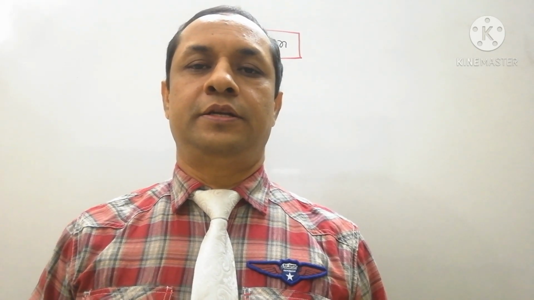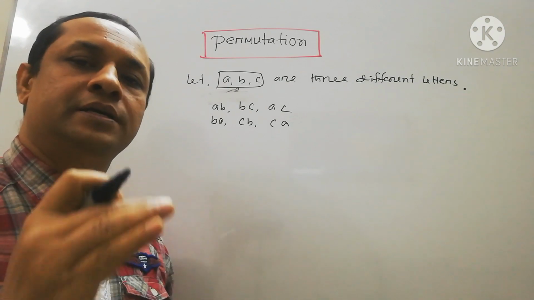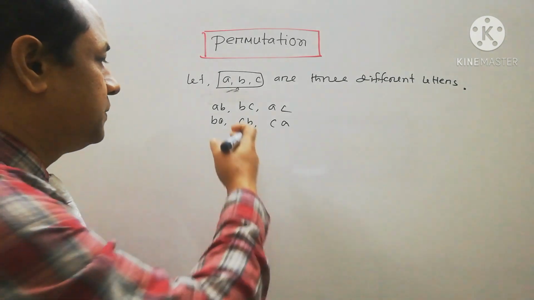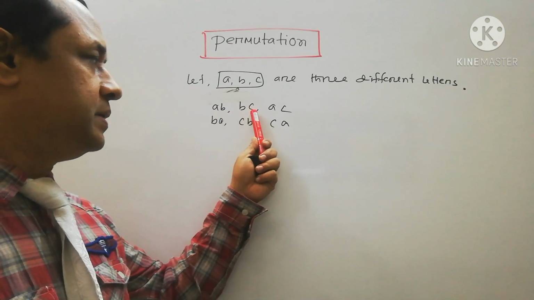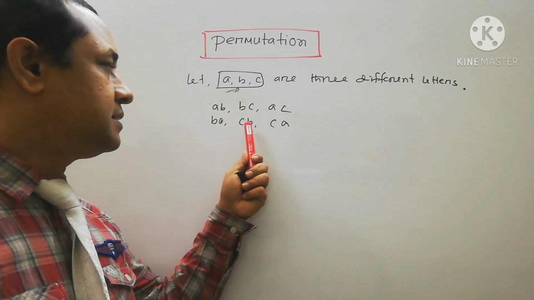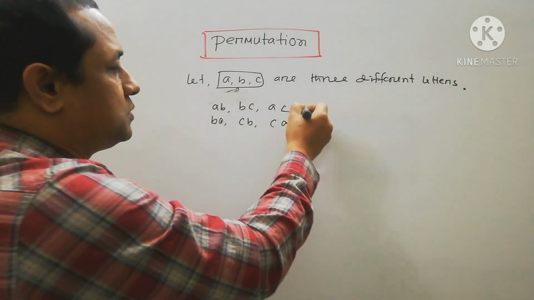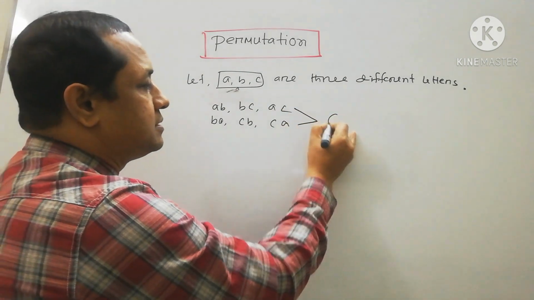So A, B, C are three different letters. Here we take two different letters at a time. Now we can write AB, BC, AC, BA, CB and CA. So the total number of words is 6.